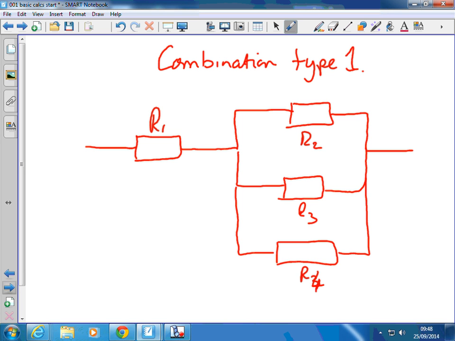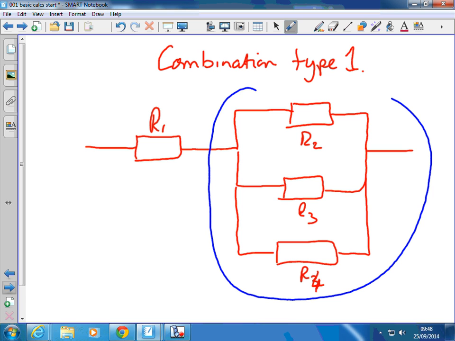Right, the first thing we do, we haven't got a formula that combines this series and parallel network, but we're trying to turn it into either all series or all parallel, and then we can find the overall answer. So the first thing we do is calculate that bit.